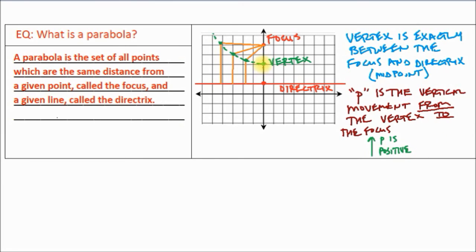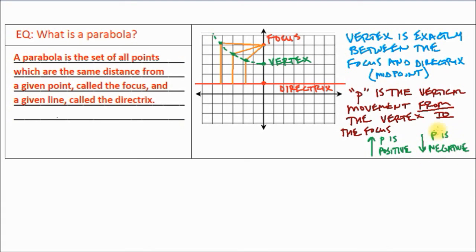If the focus was below the vertex, and we're going down from the vertex to the focus, that means P is negative because P is moving in a negative direction.